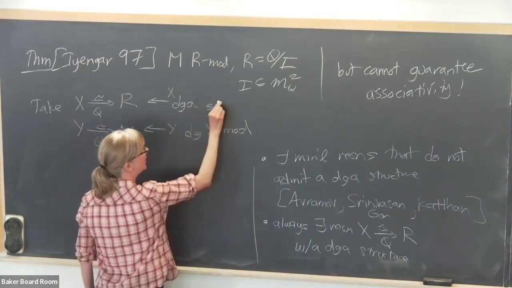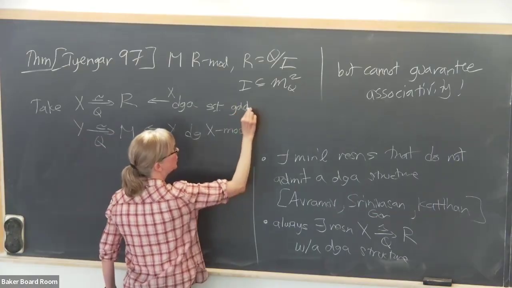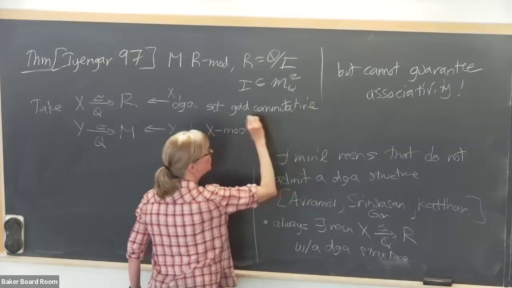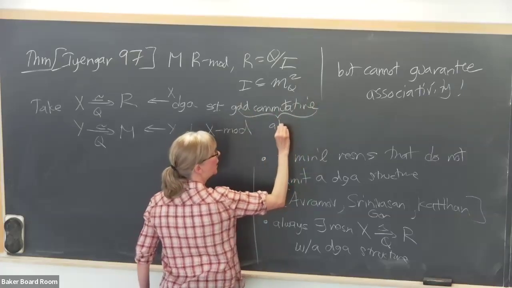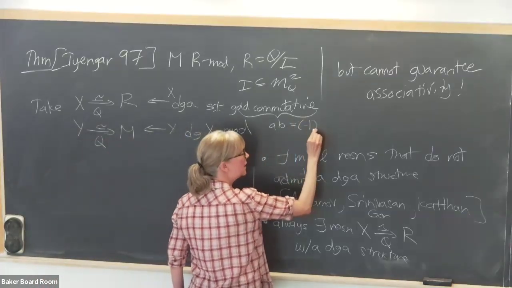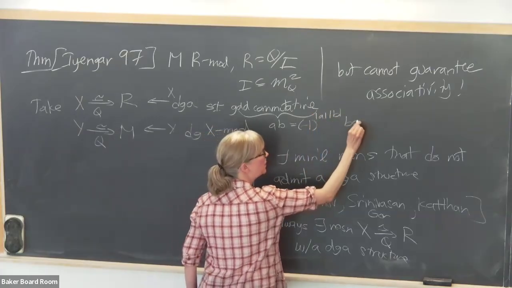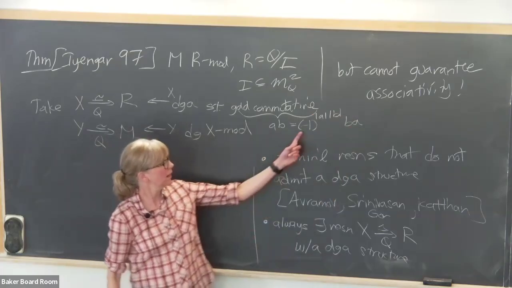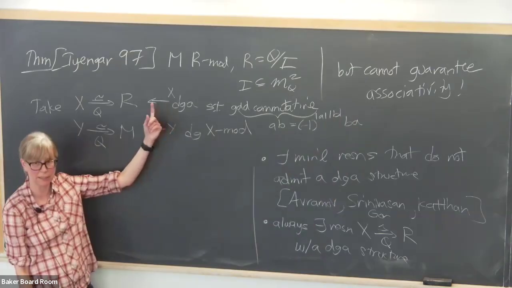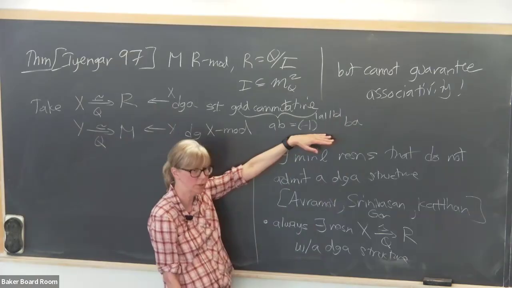And I want them to be graded commutative. Let me say what that means. Graded commutative means that AB, for two elements A and B of X, is equal to (-1) to the degree of A times degree of B, times BA. So if you take two homogeneous elements, you want them to commute up to sign.